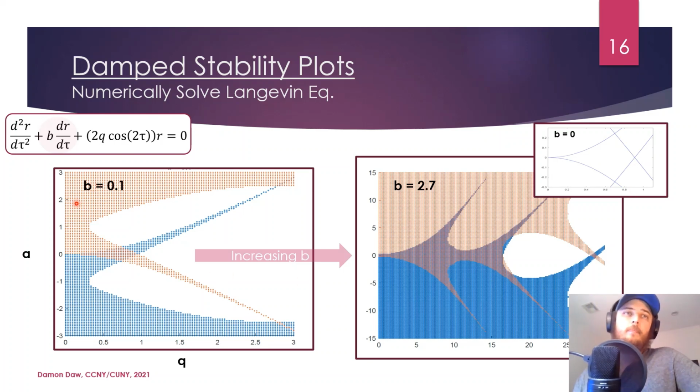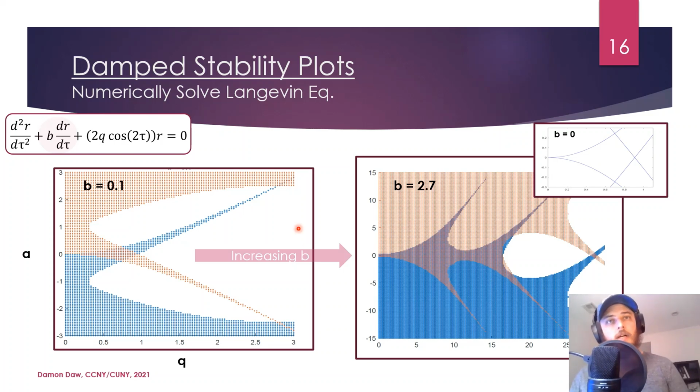If you make b just 0.1, the edge of the diamond maybe creeps up above 1, but if you increase b to something like 2.7, you can see the shape and the region of stability explodes, and you can go all the way up to, I don't know what this is, 17 or something, and still have stable trajectories that damp down to the center of the trap.